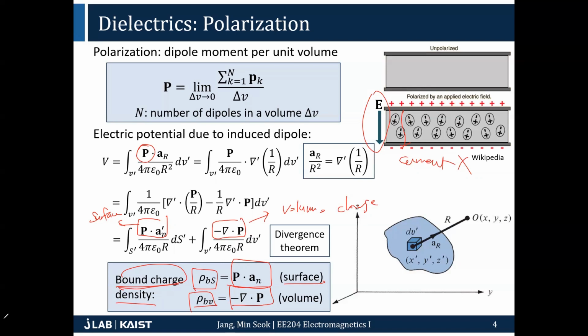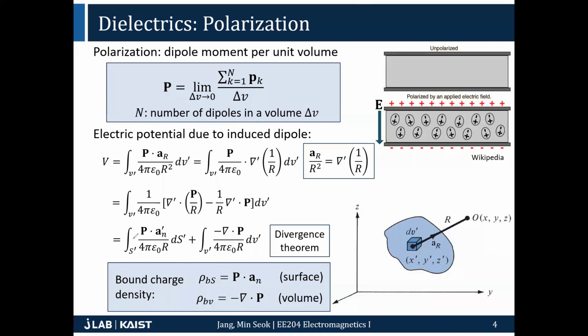By the way, Kang Yung asks why we have prime here. Oh, yes. Prime is because the gradient only applies to the primed coordinate variables. And also dV has prime because we are talking about the source positions in this case.